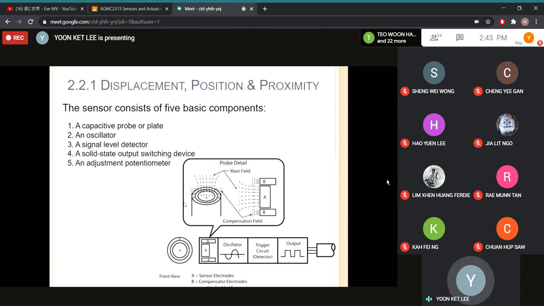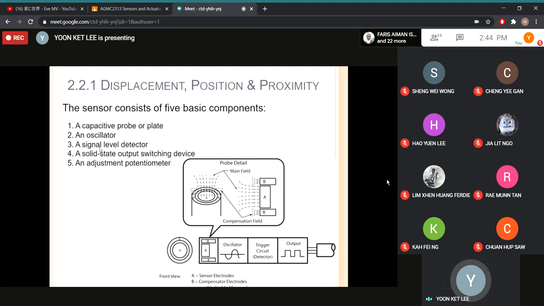The working principle of the capacitive sensor is that they need to have a capacitor, and we also need to have a level detector, a solid state output switching device, and an adjustment potentiometer, just like this one.